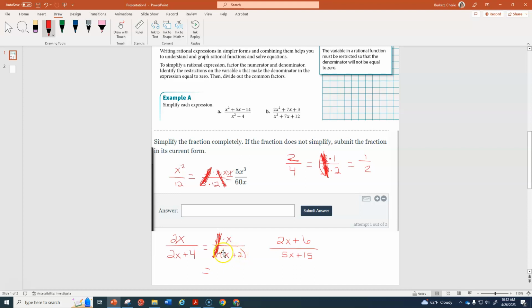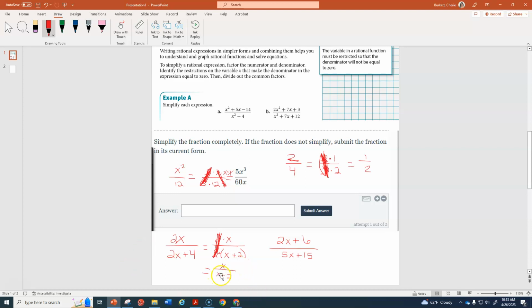If it's an addend, it's attached to whatever it's adding to. It will not factor unless you can factor it out and make it become a multiplier. So this 2x over 2x plus 4 does reduce, but it will reduce down to x over x plus 2.